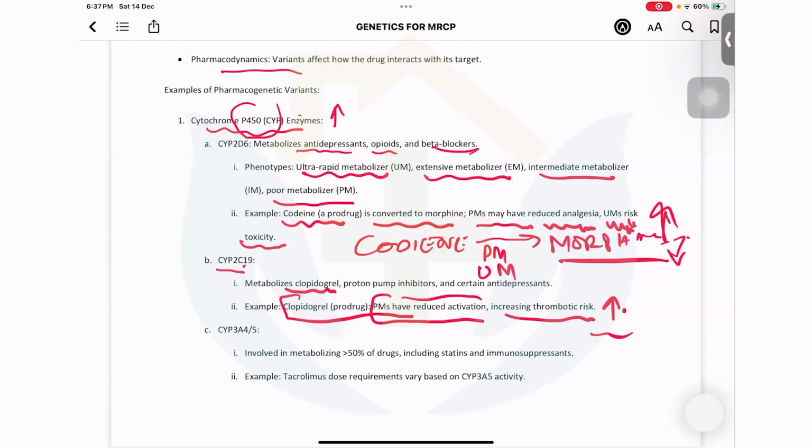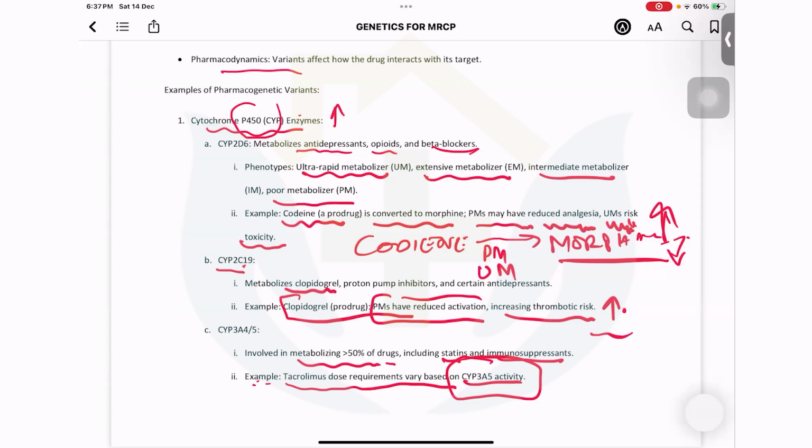Again, cytochrome P3A4 and 5 are involved in metabolizing more than 50% of drugs, including statins and immunosuppressants. So tacrolimus may fail if the patients have very high cytochrome P3A5 activity. If it is very high, the tacrolimus will be required in a higher dose.